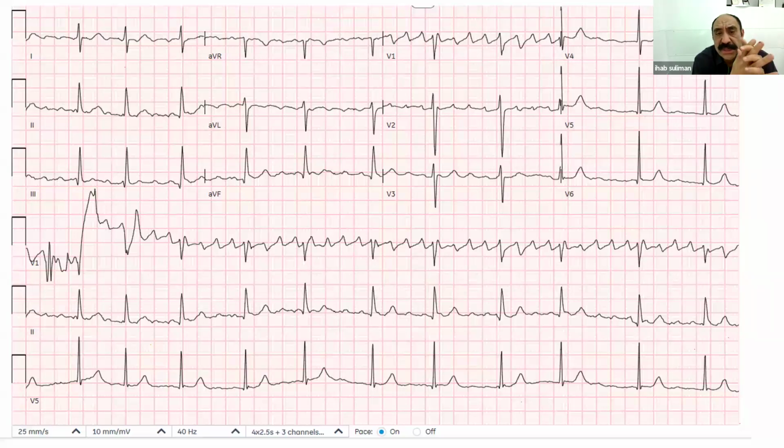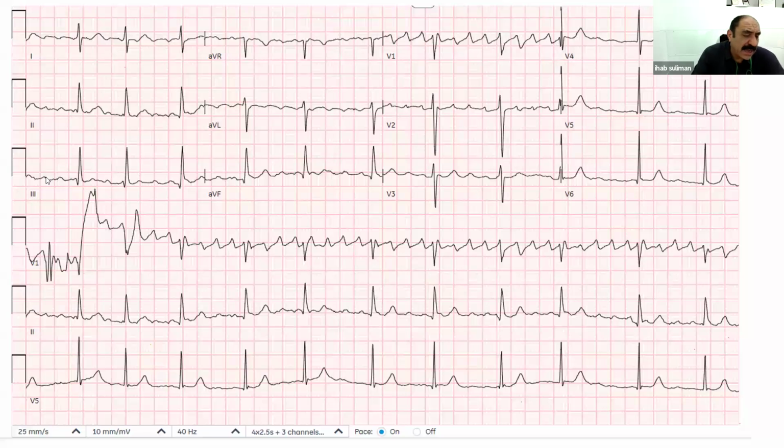Anybody would like to suggest something for the ECG? What is the rhythm on this ECG?